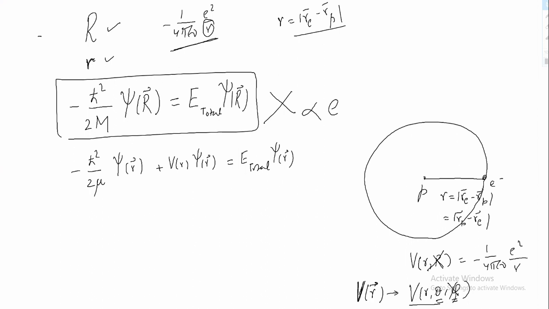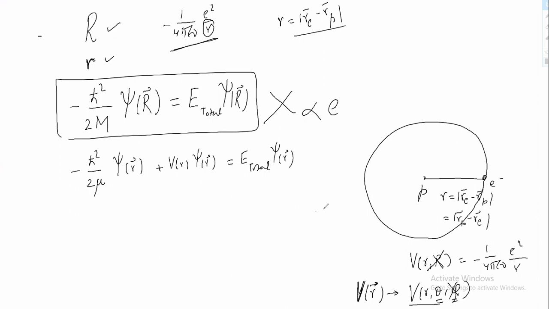Therefore, in general, if I talk about potentials which depend upon relative distance as well as center of mass distance, then we cannot apply the method of separation of variables. You can only apply the method of separation of variables when your potential depends only upon one of the coordinates.